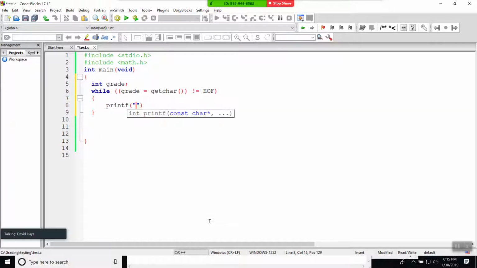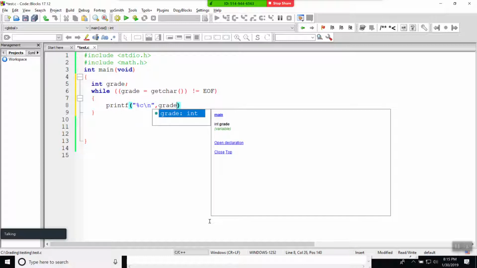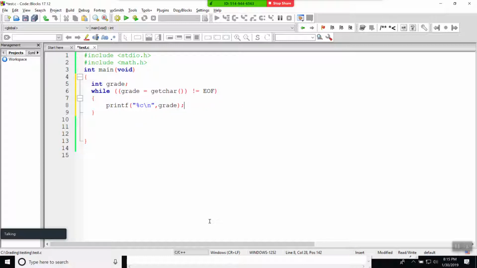Let's see if I can remember the format specifier for a character. I was thinking C, but it might be D. We'll see if that works.